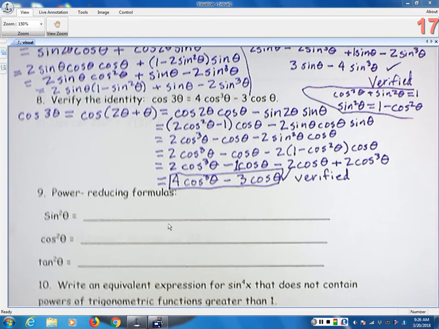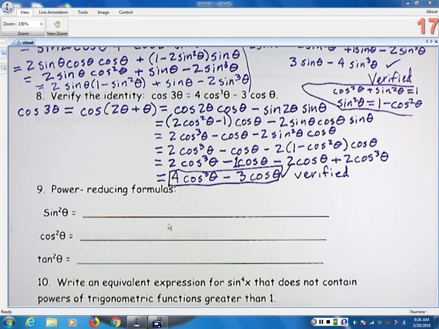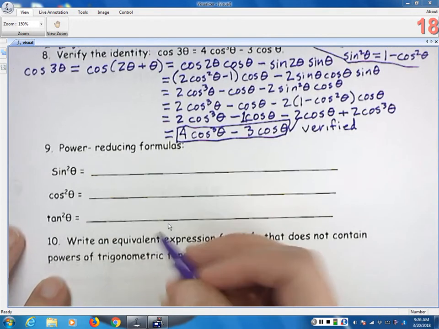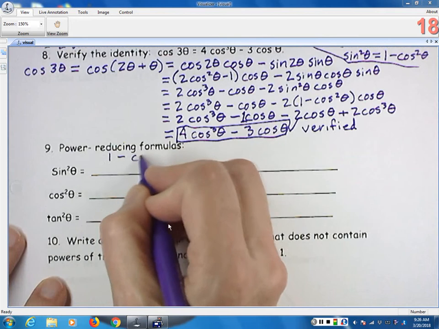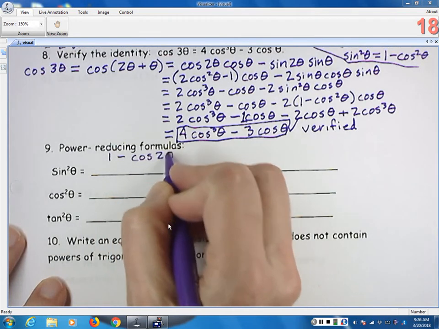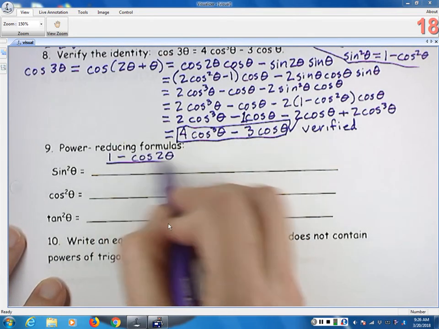All right, then we have power reducing formulas. In the book, they show how they derived all these formulas from the previous ones. I'm not going to go through all that. So sine squared theta equals 1 minus cosine 2 theta divided by 2.